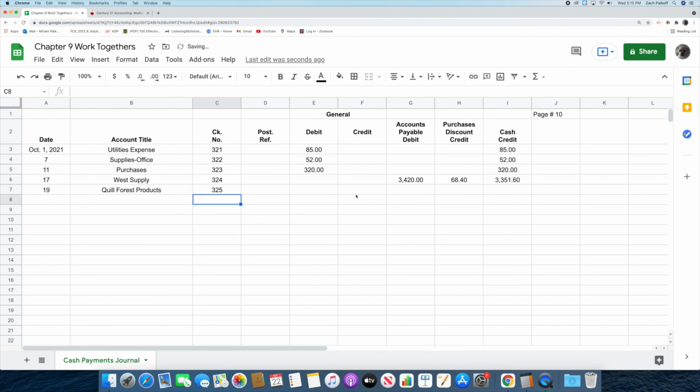And then we're going to record the amount, which is $4,380, in the accounts payable debit column and also the cash credit column. Alright, so that was the fifth and final transaction, and it's also the end of the 9-2 work together.